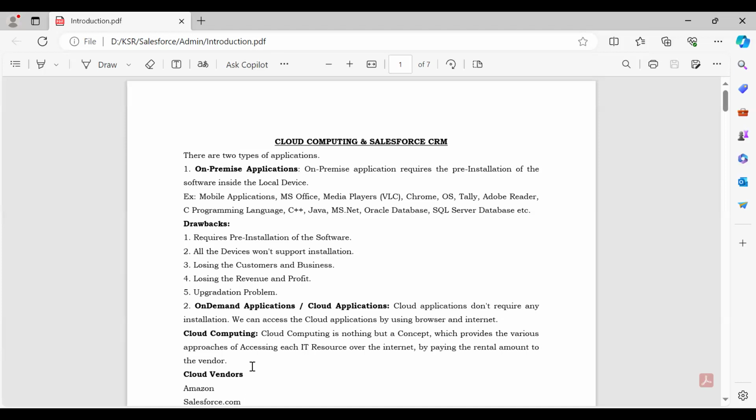You have to get the license of the software by paying a huge amount. Once you get the license, you install that software in your local system and start working using it. And whenever they provide a new version, you have to upgrade that software by paying some amount to that organization. But here, in the case of cloud applications, you need not pay or invest any money.